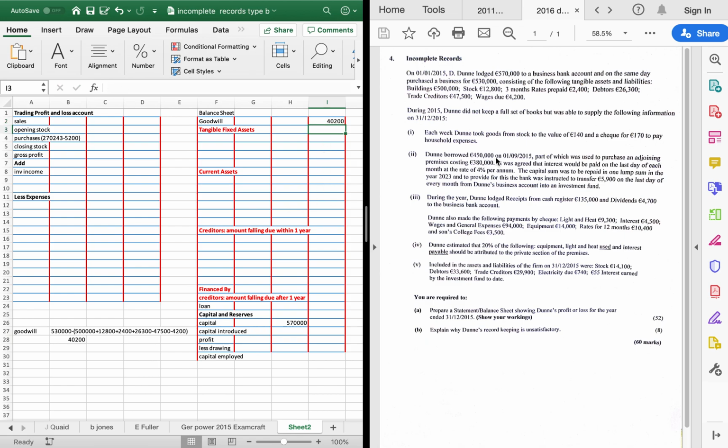Okay, I'm going to put in all my stuff from the bottom. I've got my stock, current asset, 14.1. I've got my debtors, 33.6. Creditors, 29.9.